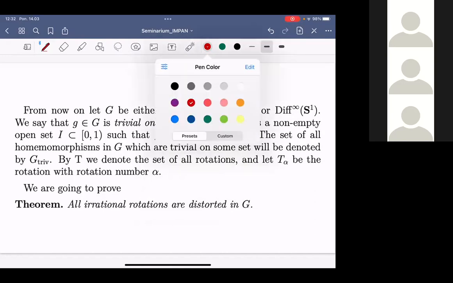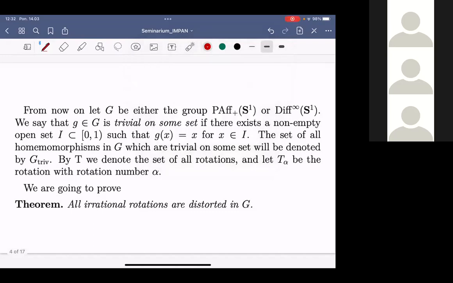Okay, let us define some subgroup of elements. G-trivial. What's G-trivial? G-trivial is the family of all homeomorphisms which are trivial on some set. So if g belongs to G-trivial, it means that there exists some non-empty open set such that this homeomorphism is invariant.